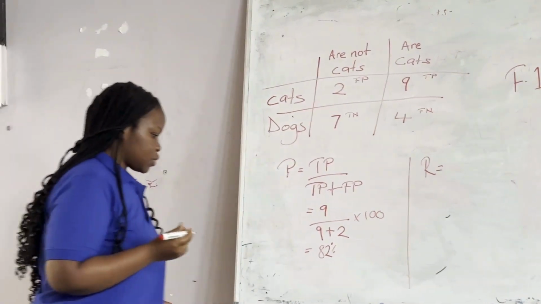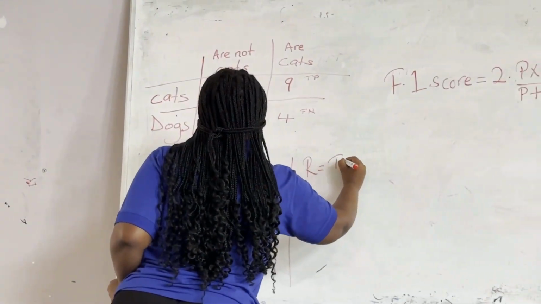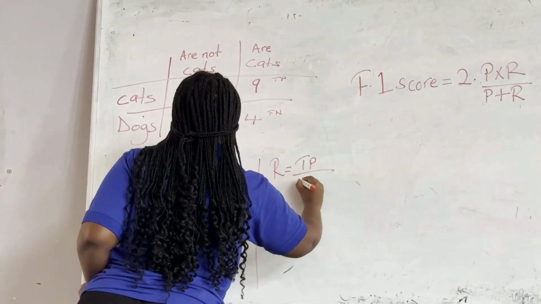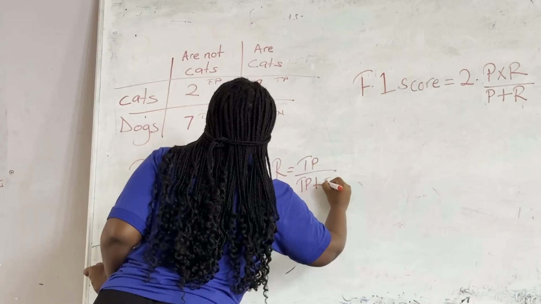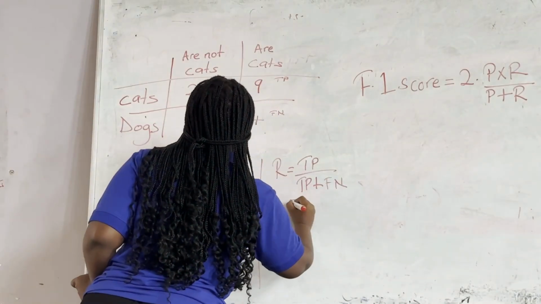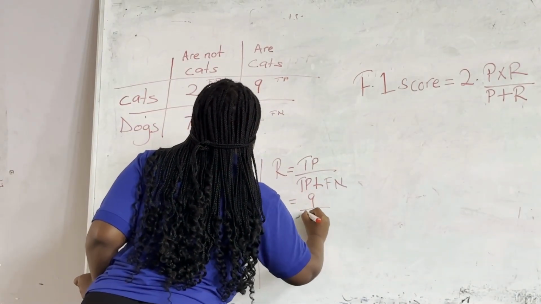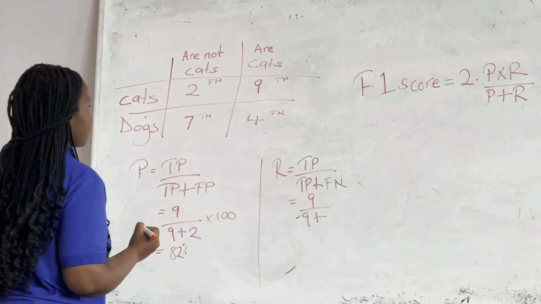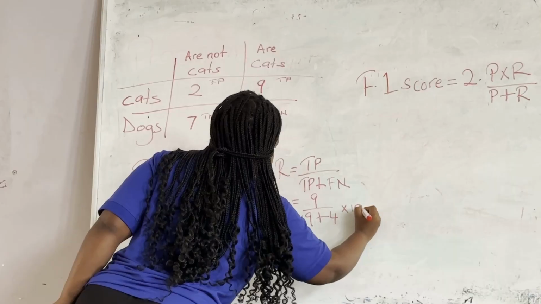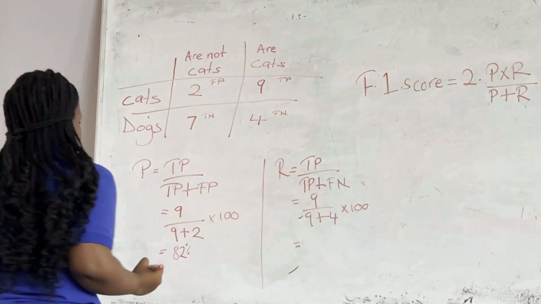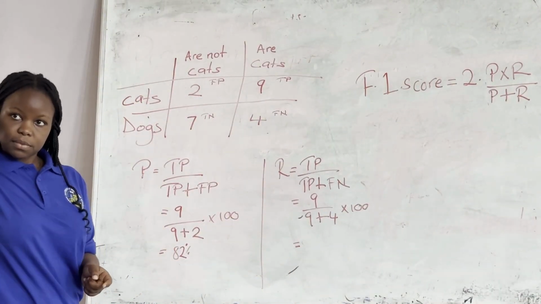So recall is true positive out of true positive plus false negative. This is 9 out of 9 plus 4. What does this give you? 69%.